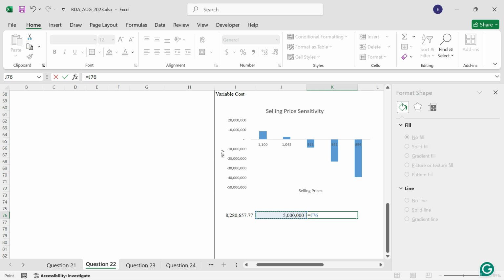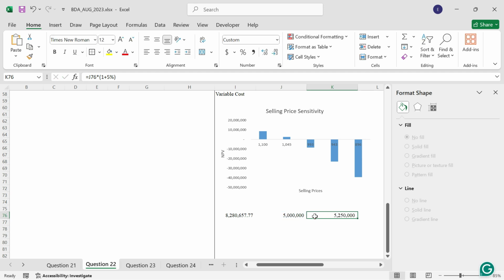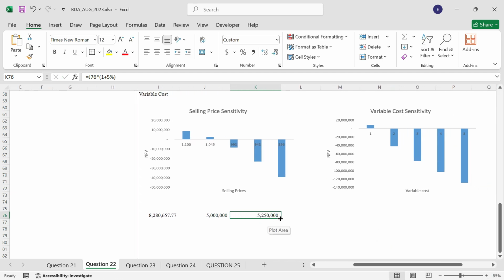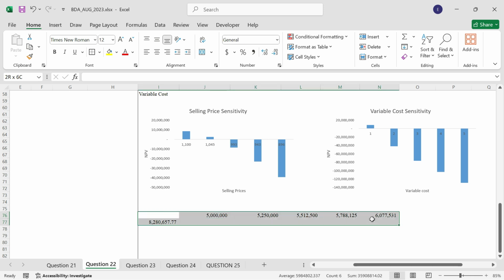So equal that multiplied by 1 plus 5%. You can copy this across. You can now format and prepare the data table.